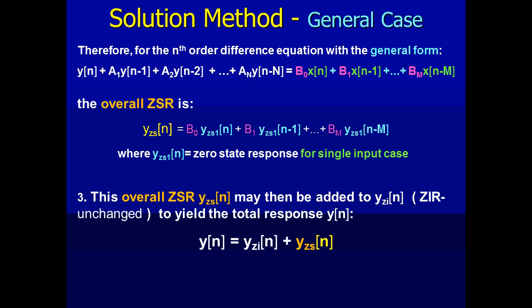So I'll get one of my friends there: 4/3 u of n plus, what did we have there, 2/3 times 1 minus minus 1/2 to the n, u of n, plus another one, 4/3 u of n minus 1, plus 2/3 times minus 1/2 to the n minus 1, u of n minus 1.